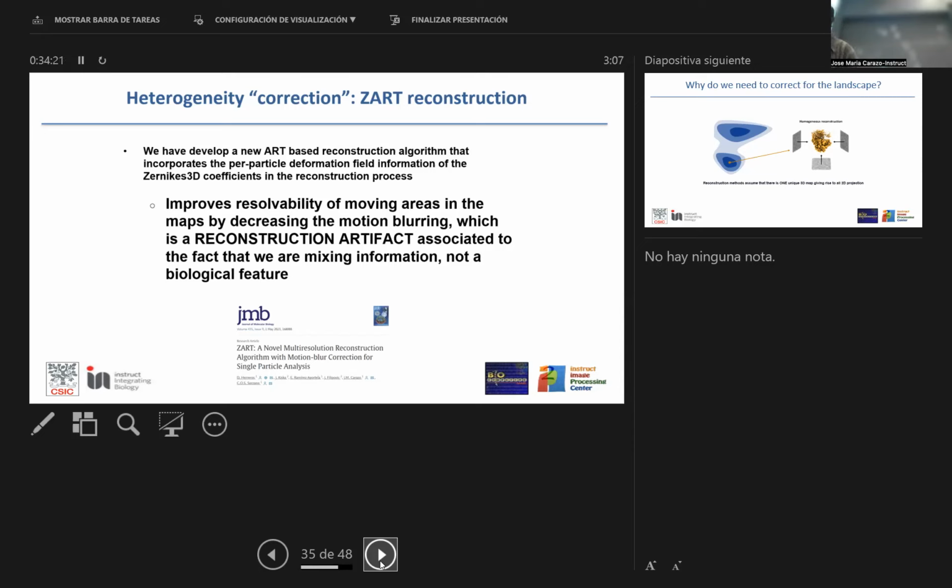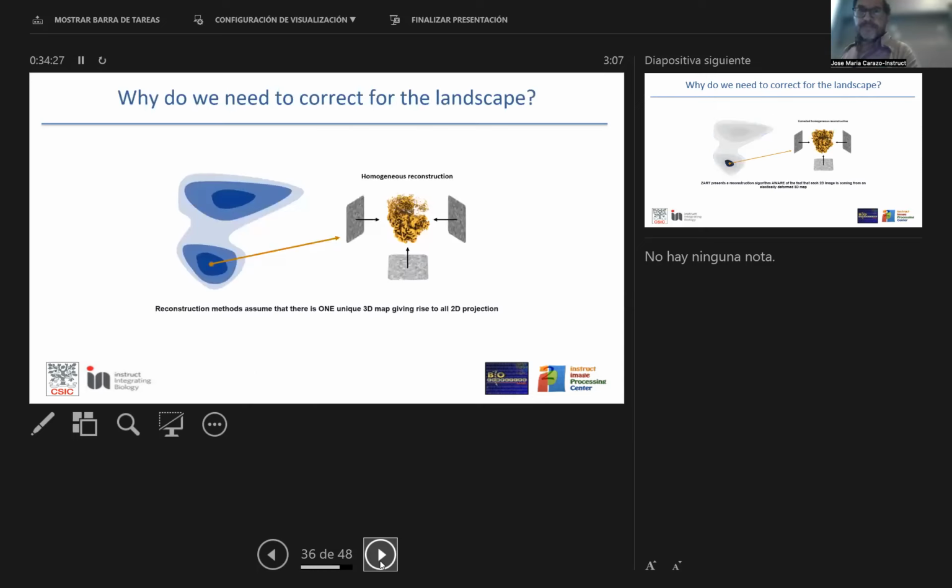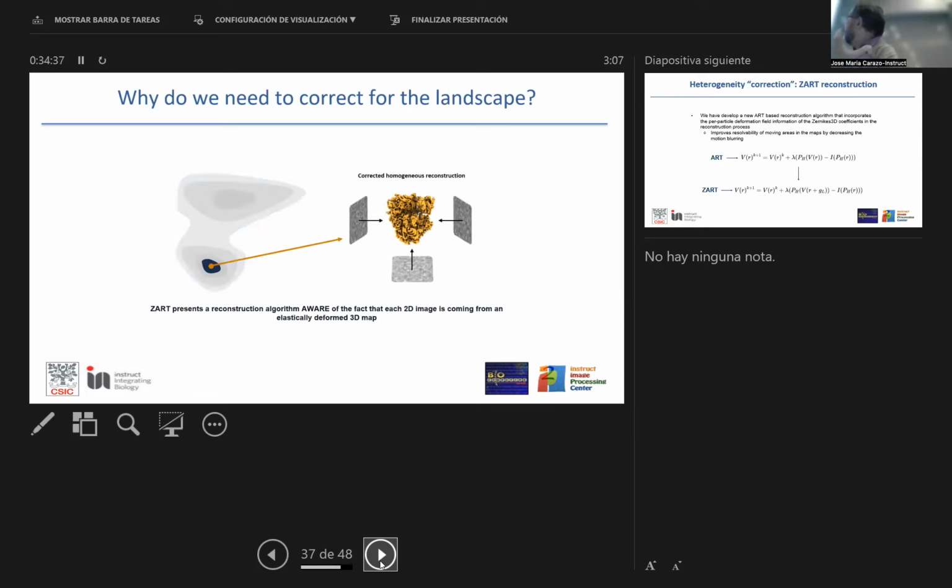So the reconstruction algorithm is aware of the flexibility. If it's not aware, you get this nice thing that you don't like at all in the reconstruction. And if you are aware of the fact, you may get a better reconstruction.